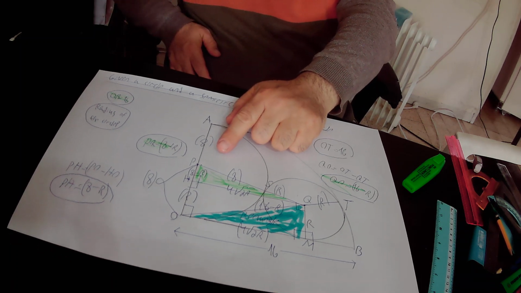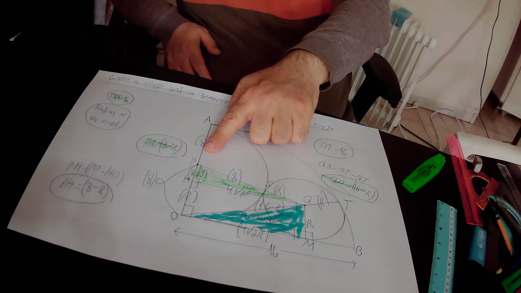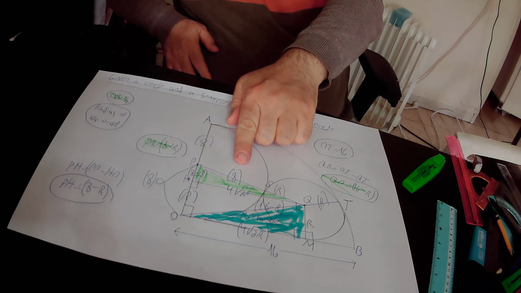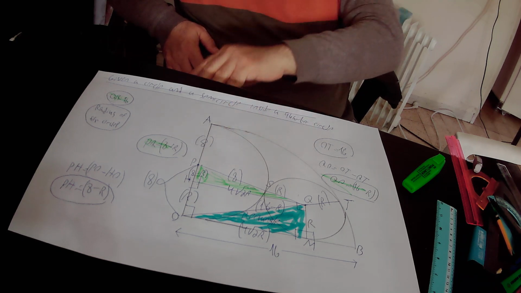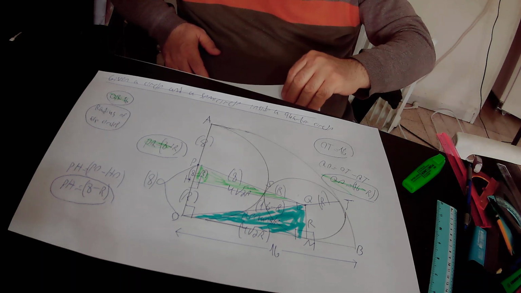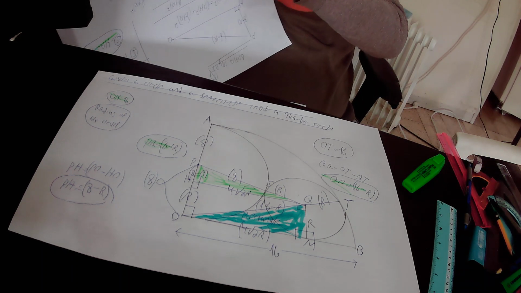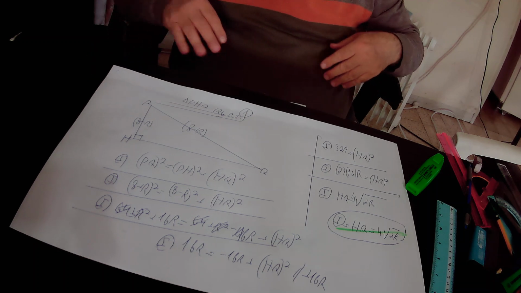And so I copied this right green triangle PHQ, and we implement the Pythagoras theorem on this right triangle PHQ. According to the Pythagoras theorem, in any right triangle, the square of the hypotenuse equals the sum of the squares of the perpendicular sides. So actually, this is the right triangle PHQ that I copied from the original drawing.